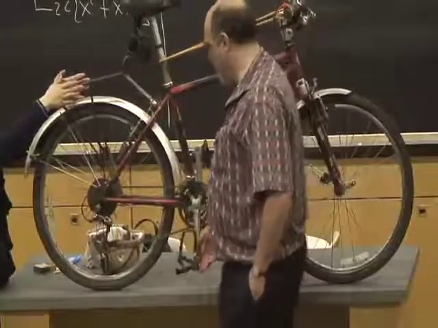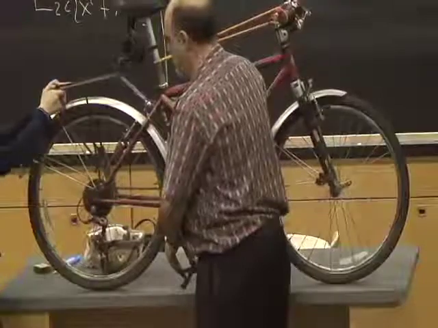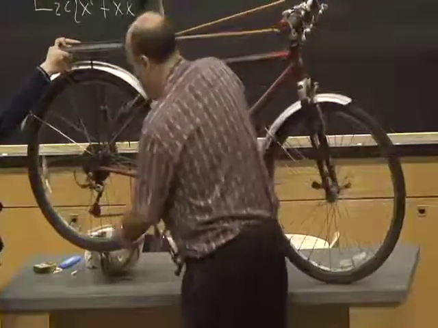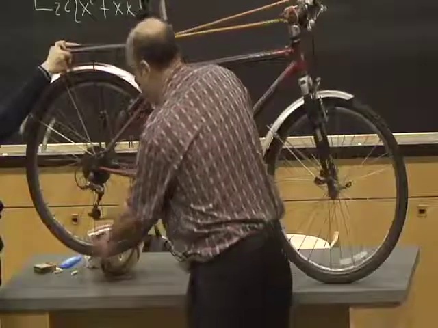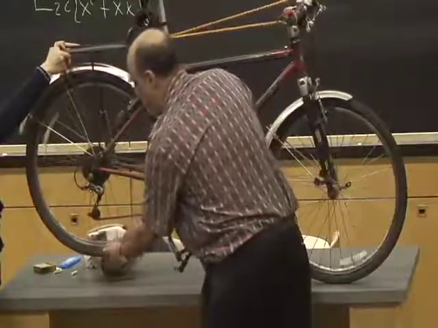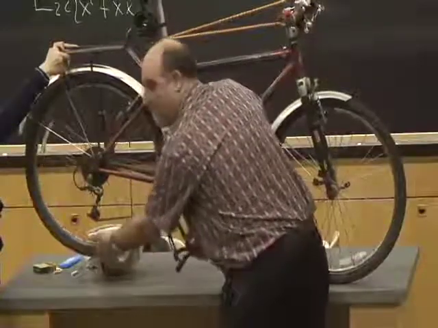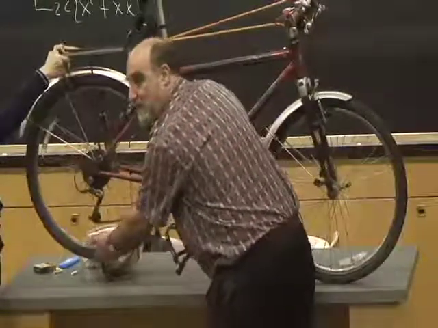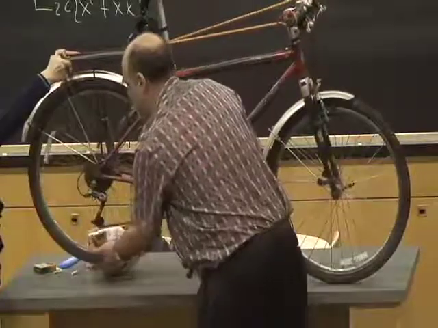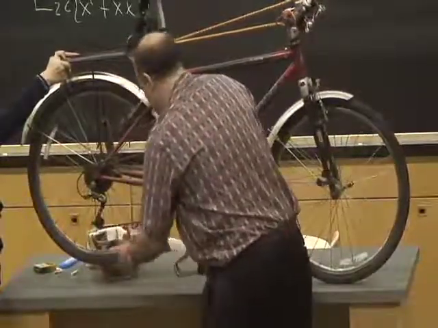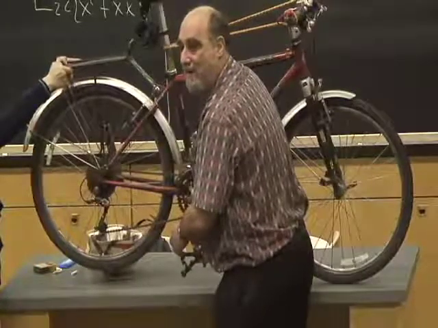So let's try it a different way. Are you strong enough to hold the bicycle up in the air? So if you just think of this as a machine where there's a bunch of gears and there's a force here and a force here, the question is, is the force at my left hand bigger or smaller than the one at my right hand? That has to do with the gear ratio. Now, what do we know about transmissions if they're lossless and frictionless is that the work into them equals the work out, or the power in equals the power out.